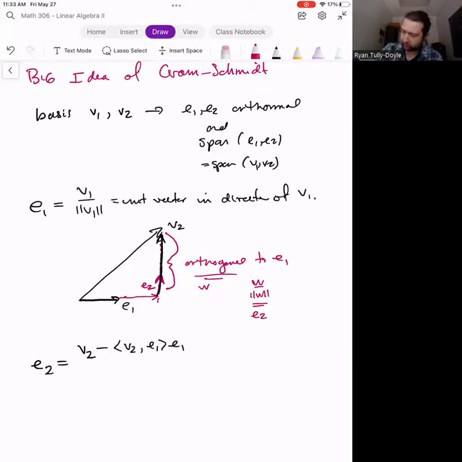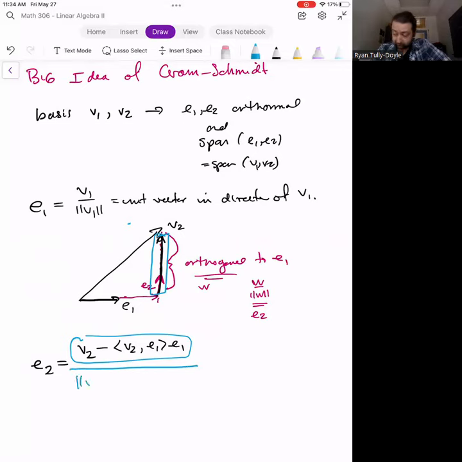So this quantity that I've written down right here, this quantity is this vector. Because what I've done is I've taken V2 and I've subtracted away the projection of V2 onto E1. But the thing I've got out the other side here is not a unit vector. So I could divide it by the length. Now that looks complicated, but remember, all we've done is we've produced this little vector right here.